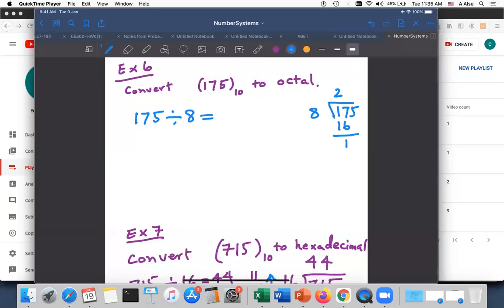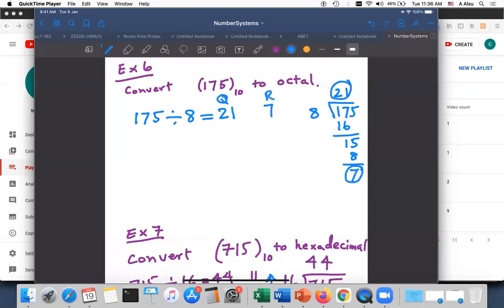Then I pull down the 5. 1 times 8 is 8, and then 0.875, 7. So this is the remainder, and this is the quotient.